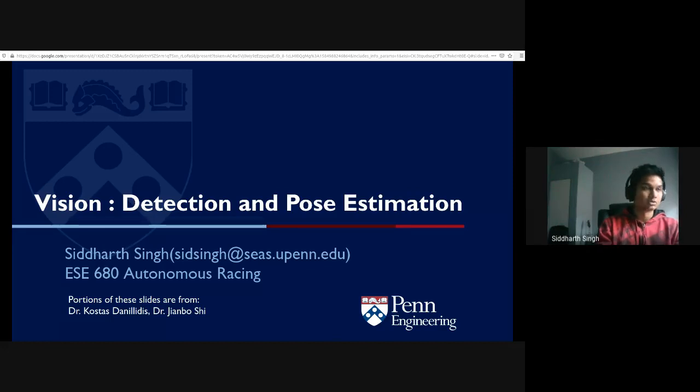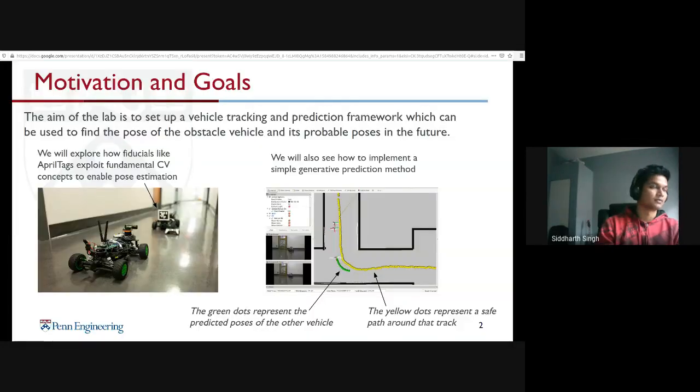So based on these two things, the next question is why do we want to do this, and what will it help in? This is actually what ultimately we will be aiming at. This is just a quick overview of what you can expect at the end. Suppose you have two cars racing on a racetrack.